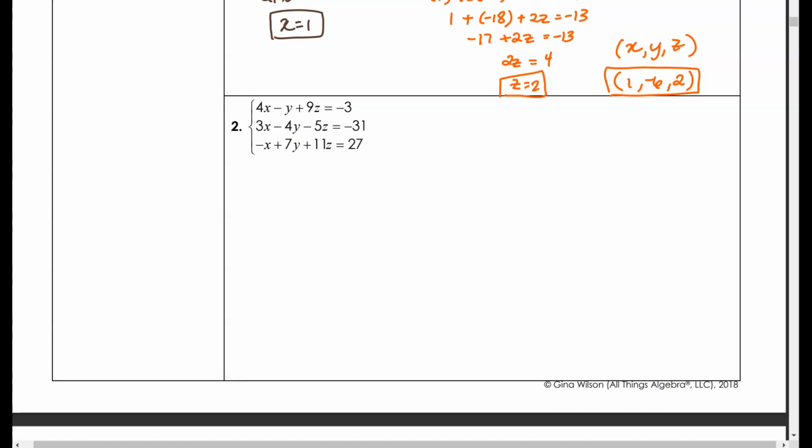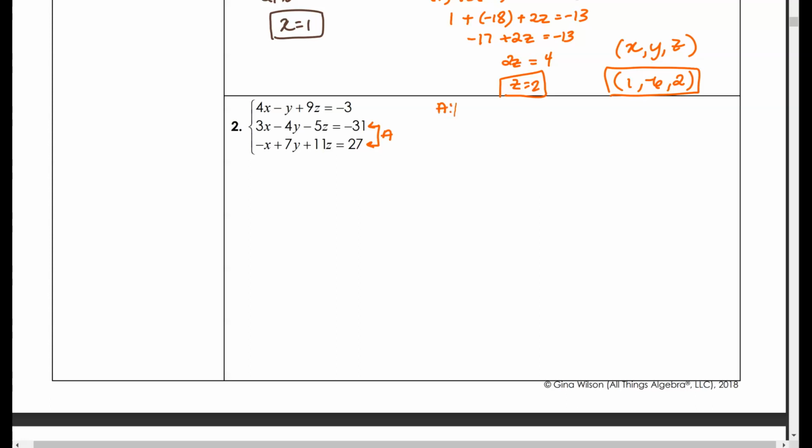So in the next one, we're going to pick a variable to get rid of. And let's get rid of the variable x. So I'm going to take the last two equations. And since this has a negative x and that has a 3, I'm going to call this a.